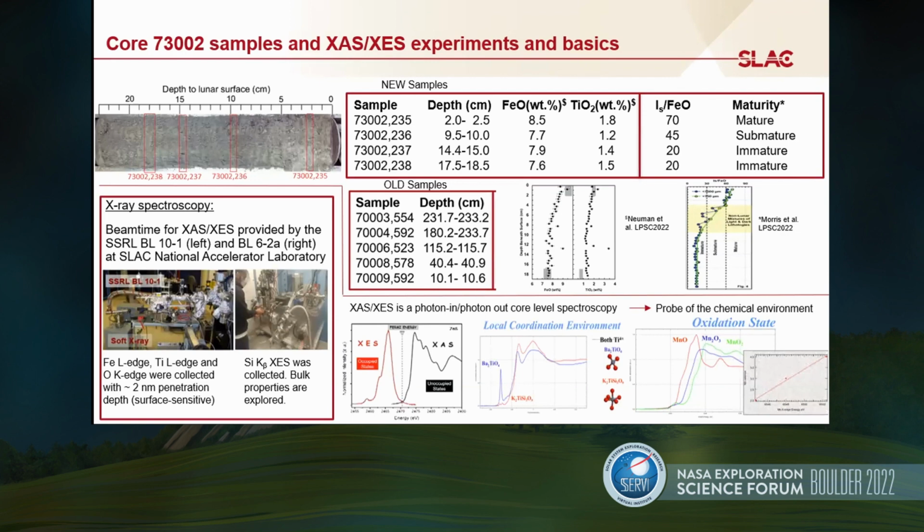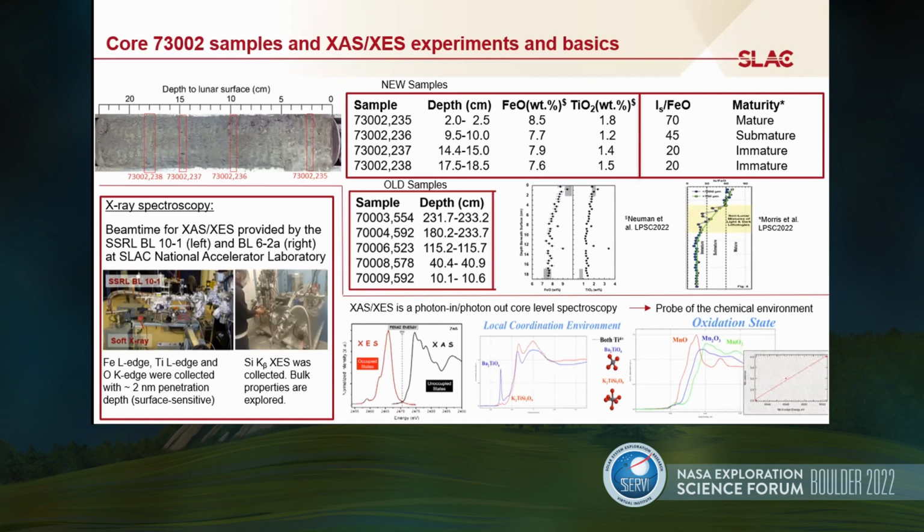And we also have information about this ferromagnetic index that gives you information about the maturity of our soils. So we have these 4 samples from the recently opened tube, but we have also received some samples from a previously opened tube, which I've been calling the old samples here.